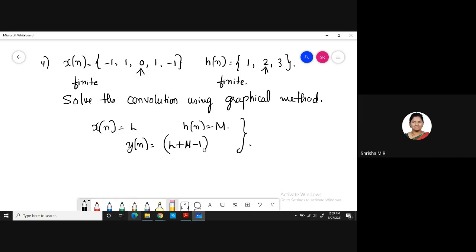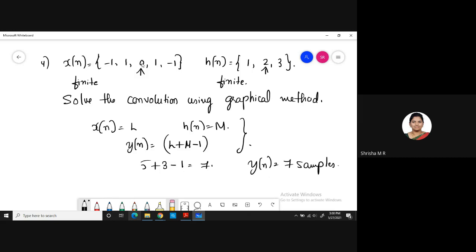They have also given you the origin. Where is the origin here? Our convoluted sequence will be of the length 5 plus 3 minus 1, that is 7. Y of n will have 7 samples. Now we have to know the origin of that sample.